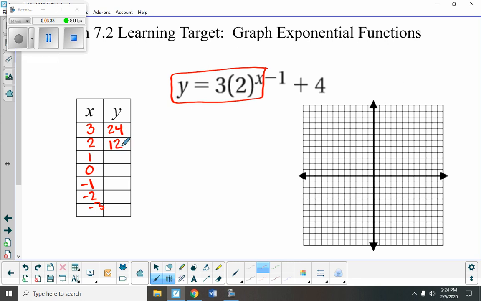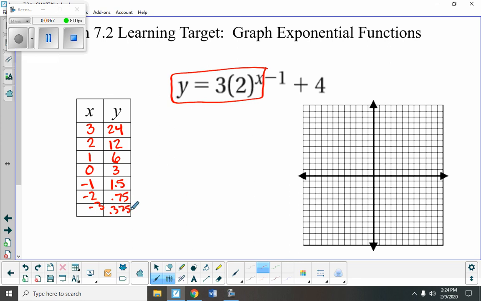Change the exponent to a 1, you get 6. When you substitute in a 0, you have 3. Substitute in a -1, you have 1.5. Substitute in a -2, you have 0.75. And lastly, we substitute in a -3, we have 0.375.